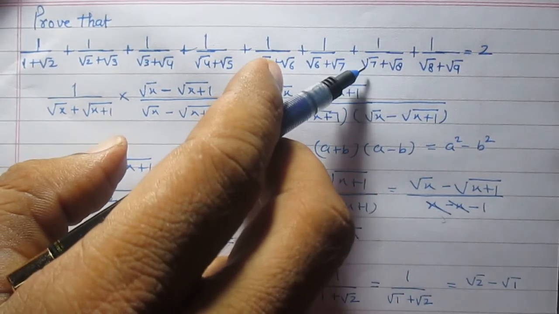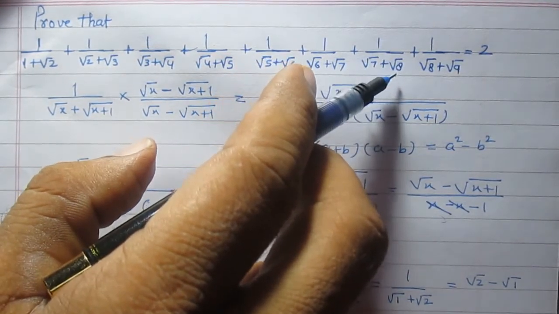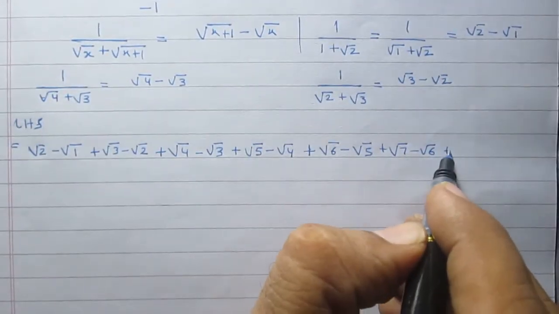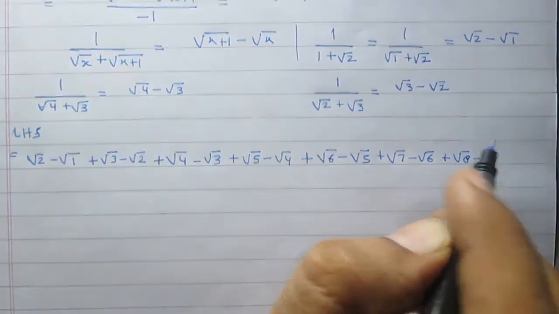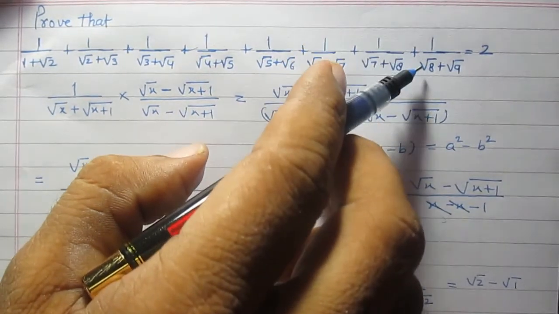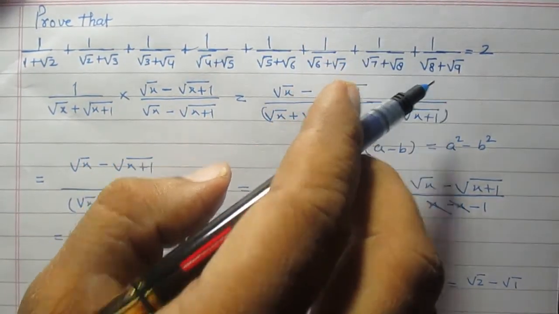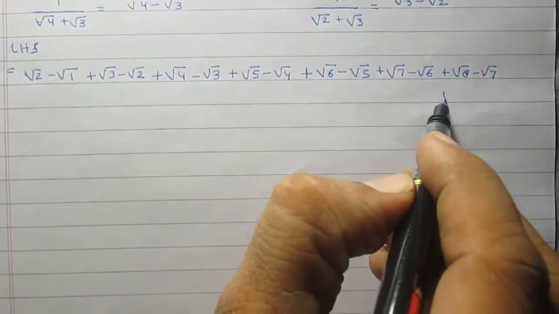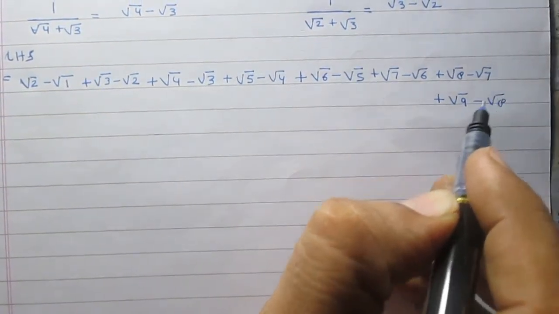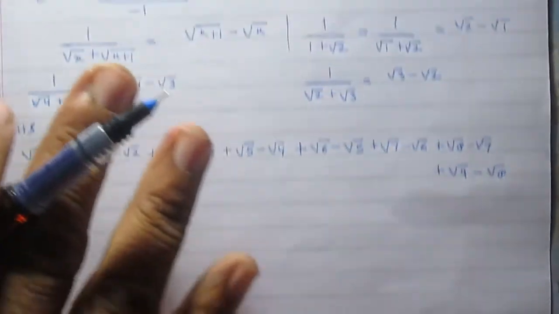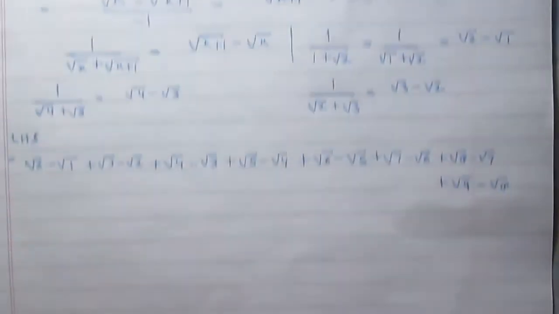We can write 1 upon square root of 7 plus square root of 8 as square root of 8 minus square root of 7. And the last term is 1 upon square root of 8 plus square root of 9. We can write it as square root of 9 minus square root of 8. So it is all about the left hand side of this relation.